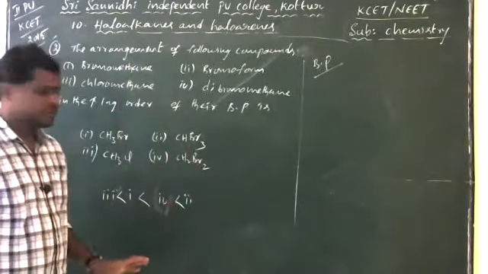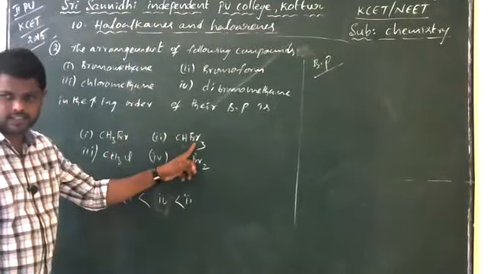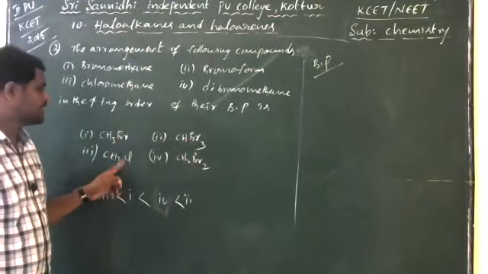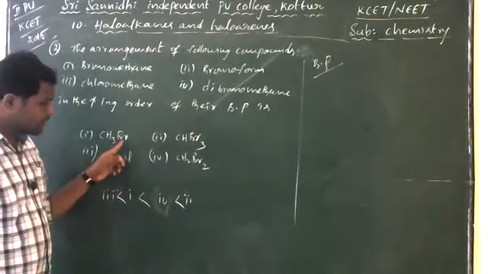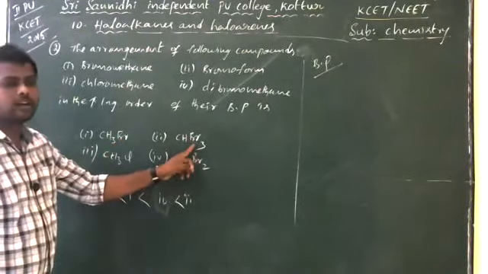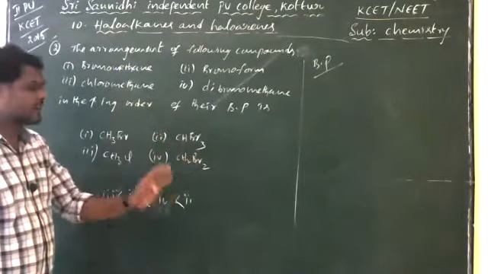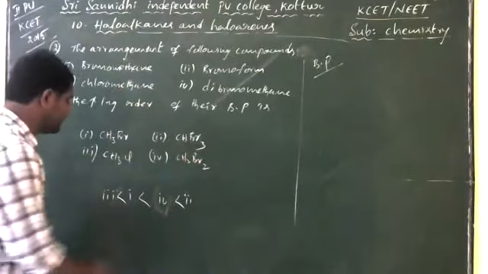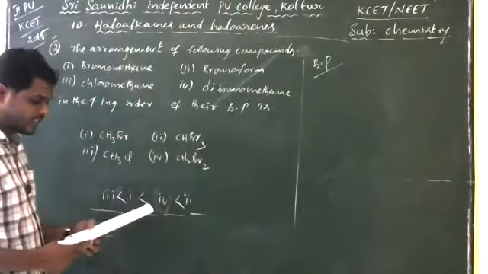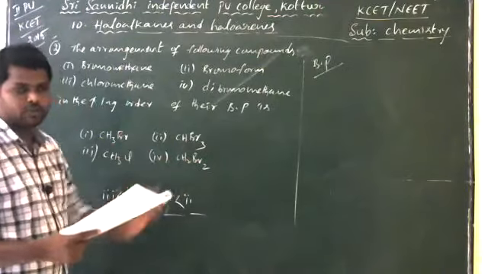So chloromethane has the lowest boiling point because of less mass than bromomethane, and it increases with the number of bromine atoms through dibromomethane and tribromomethane. The order is 3, 1, 4, 2, increasing. Option C, 3, 1, 4, 2, is the right answer.